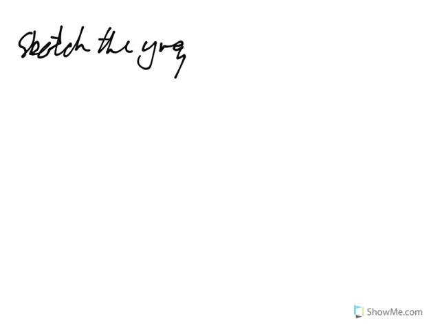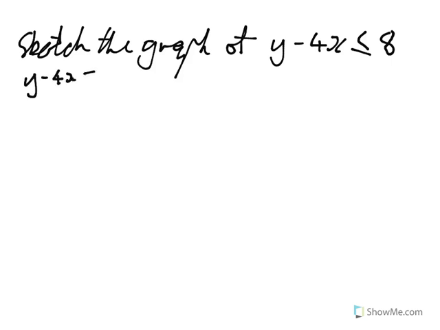None of them so far have had x and y, so let's do an example where x and y are involved. This one's y minus 4x is less than or equal to 8. The easiest thing to start with is y minus 4x equals 8. So let's look at where it equals at the moment, and then we'll come back and look at where it's less than or equal to.